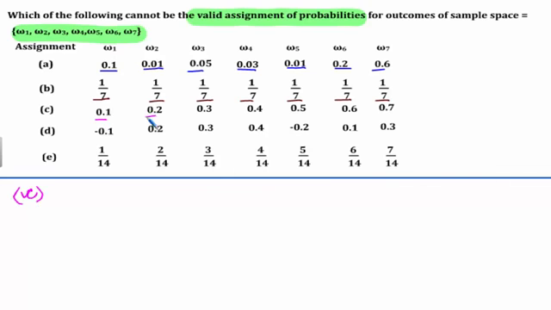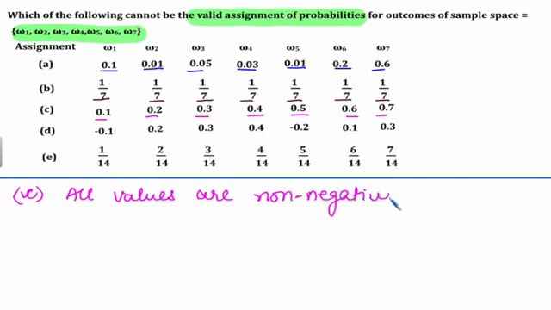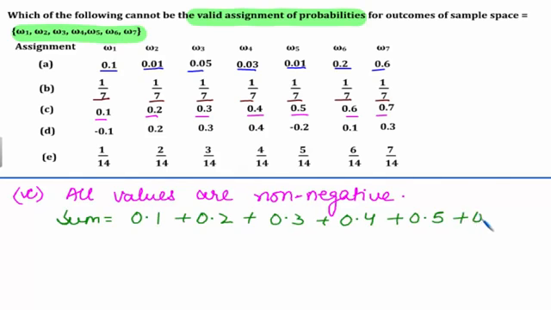Now proceeding on to the C part. In the C part also we have all the values non-negative, right? All values are non-negative. Now let us find the sum. Sum is equal to 0.1 plus 0.2 plus 0.3 plus 0.4 plus 0.5 plus 0.6 plus 0.7, and this is equal to 2.8, which is not equal to 1.